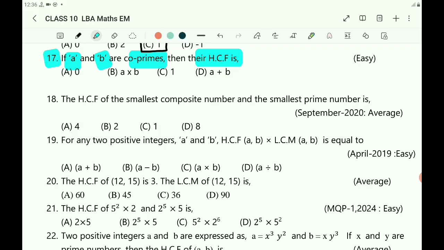Here, which options are given? A, 0; B, A into B; C, 1; and D, A plus B. So what is the answer? Option C is the answer. The HCF of co-prime numbers is always equal to 1.